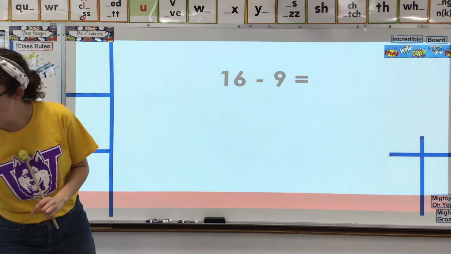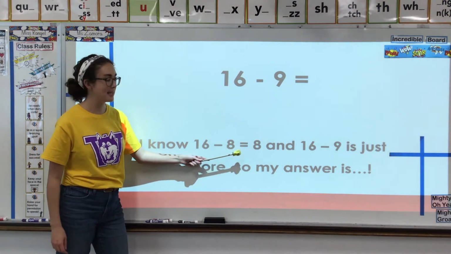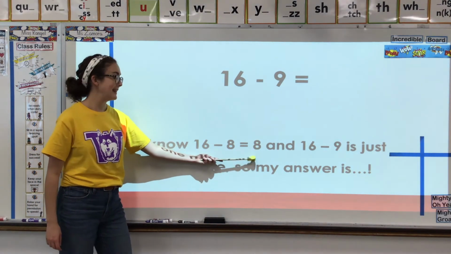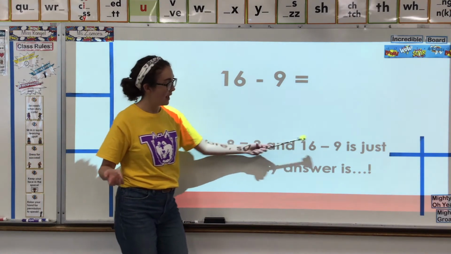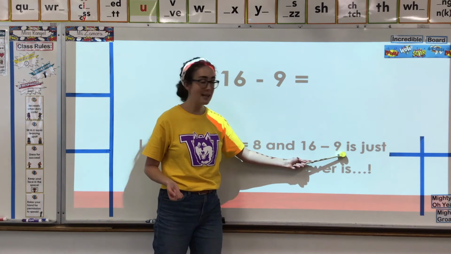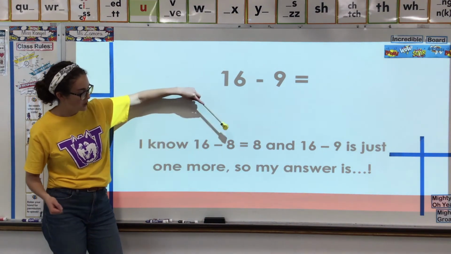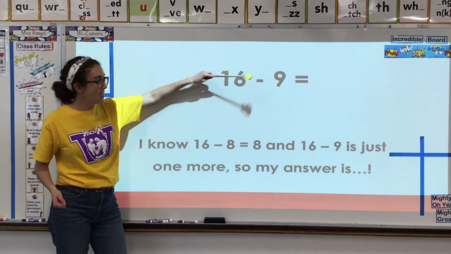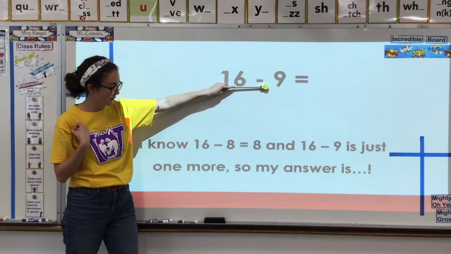I know 16 minus 8 equals 8. That's what we already know. And 16 minus 9 is just 1 more. Because we have subtract 8, but now we want to take away 9, just 1 more.